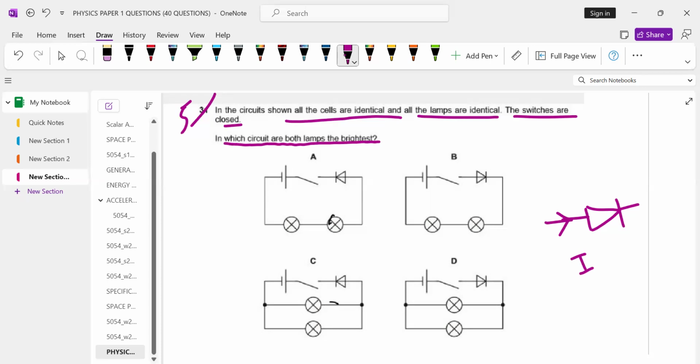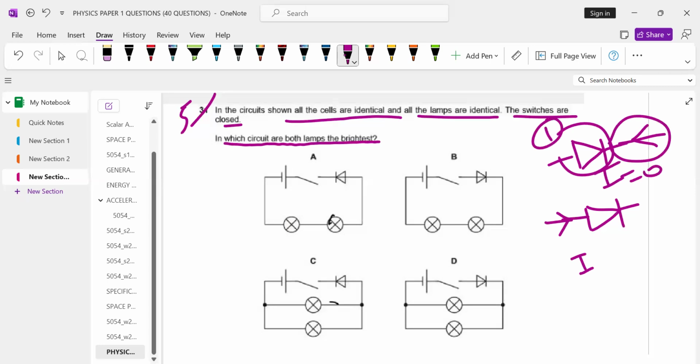And if they are opposite, for example, this is the arrow of the diode and the current is coming from here, the directions are different, so current equals 0 in case 1, and this is case 2 in which the current can flow through the diode. So option B or D, one of them would be correct. However, option A and option C would be incorrect.